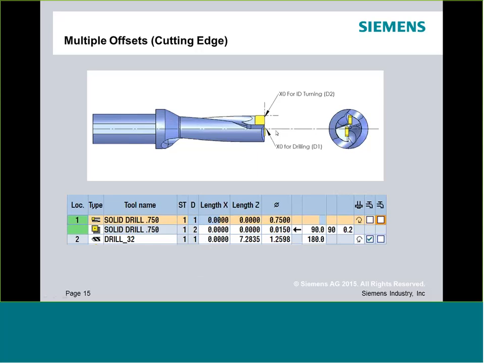So in this case, we can establish a 0 dead center of the drill, and then we can establish a leading edge 0. And we can just bounce between these two offsets how I'm applying the drill. So I can use it in 2 fashions. And I can even change the type. So instead of it thinking that I'm trying to bore with a drill, I can change it to an ID boring bar in my type. It's still the same tool. It has to have the same name because it's being called up the same. It's in the same physical location. But we're going to be able to apply the tool very differently.